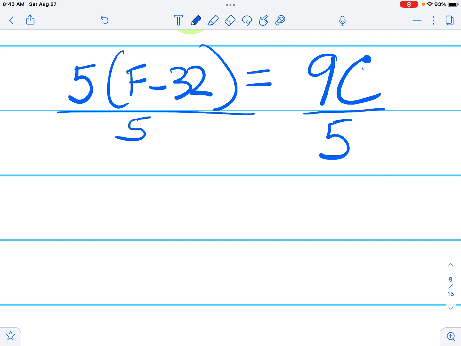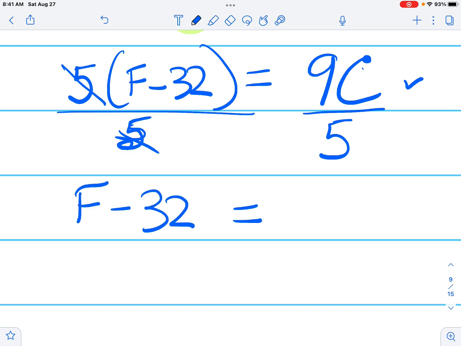Okay, good. Divide both sides by 5. That's all I've done. I lose that 5. I don't have the same privilege on the other side. Now, I rewrite again. What do I have now? F minus the 32 equals 9 over 5 C.